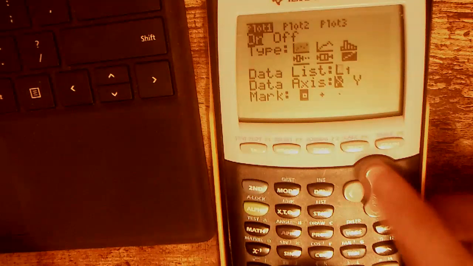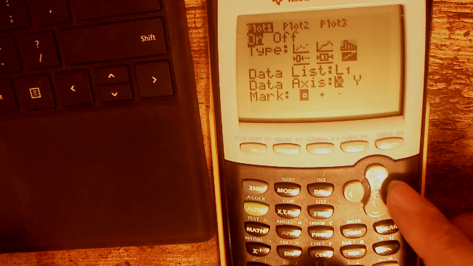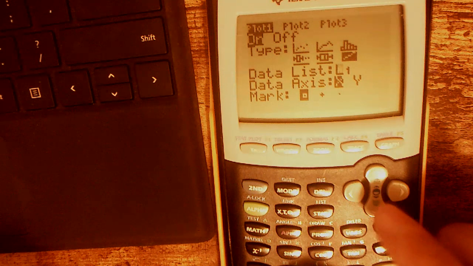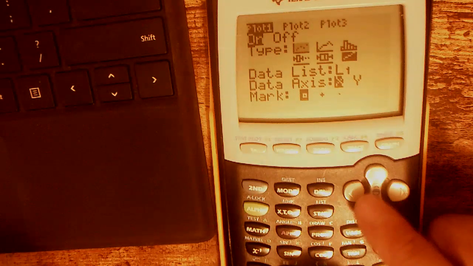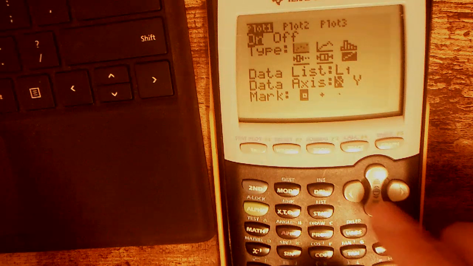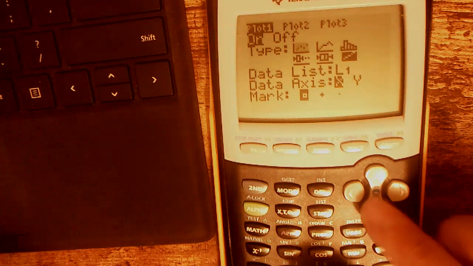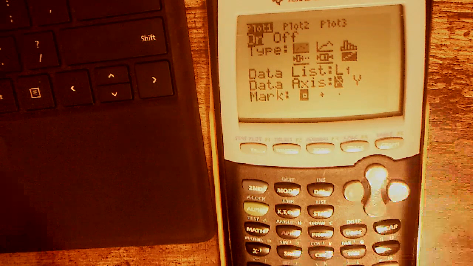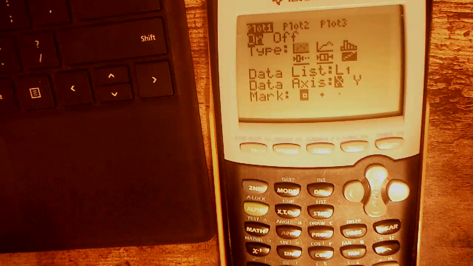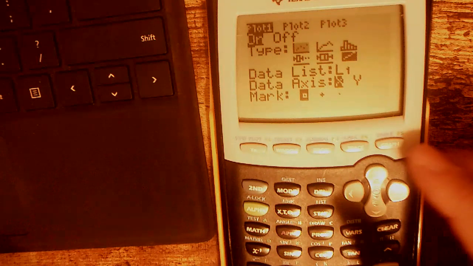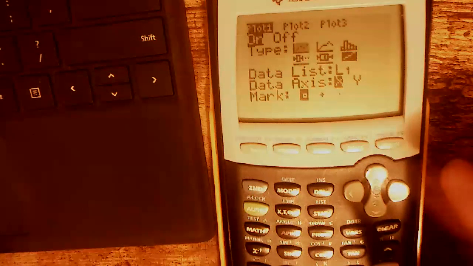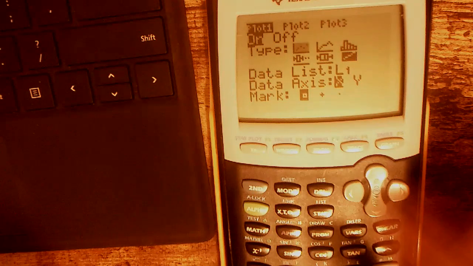You're going to select the one right below the histogram. It shows X and Y lists. You might have the histogram instead of the straight line plot if it's both the X list and the Y list. It's a different type.